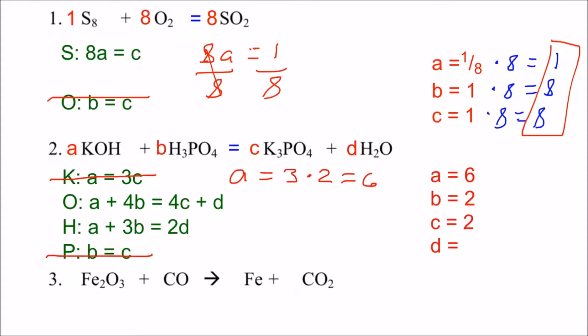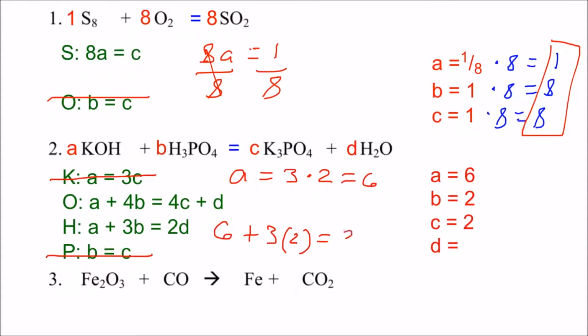And now we have 2 equations left to choose from. We want to find an equation that has the letter D in it, because that's the only thing we have left to figure out. And the simpler the better. That means this one would probably be the best equation to find. So let's see. A is equal to 6 plus 3 times B, we've said, is 2. So it'll be 3 times 2 here.